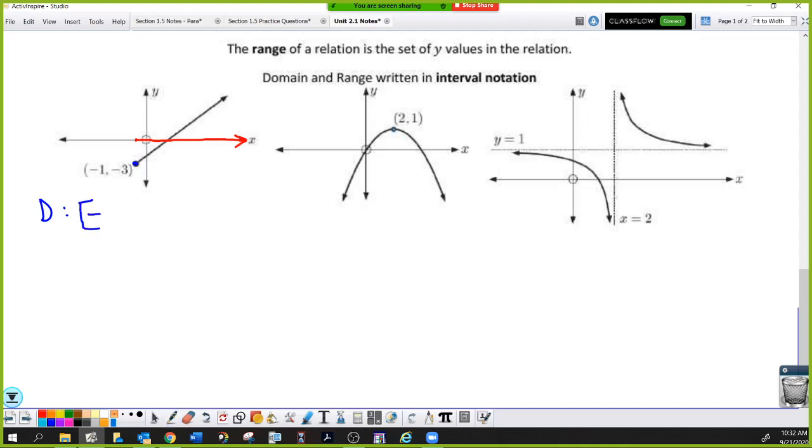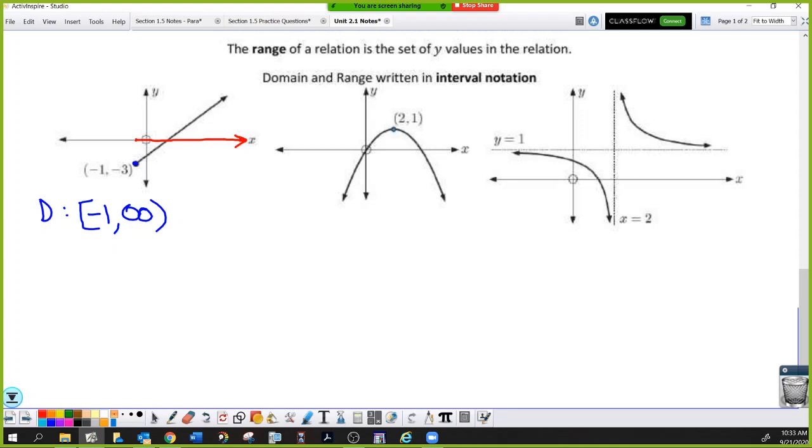So we do bracket -1, comma, since it points to the right forever, infinity. But this is the same thing as saying x is greater than or equal to -1. I should have done that in red since I drew a red arrow. Too late.